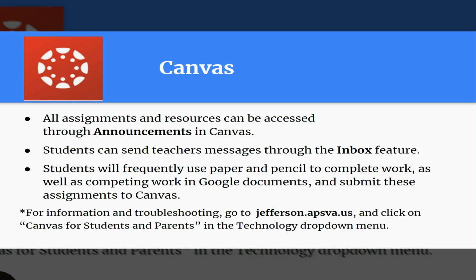And I want to also point this out that although a lot of the content is available on Canvas and the announcements and all of that, much of the time in literacy, the students are going to be using paper and pencil to complete work. In addition to putting it down with pencil to paper, they'll be submitting a photo of their work to Canvas. So it's all in the same place, but the mode will often be paper and pencil.